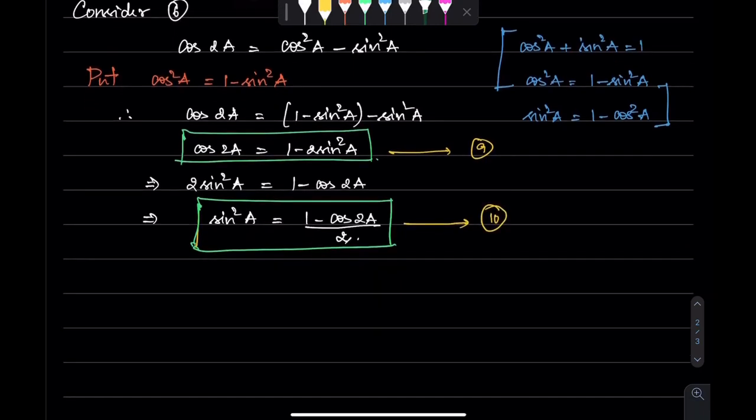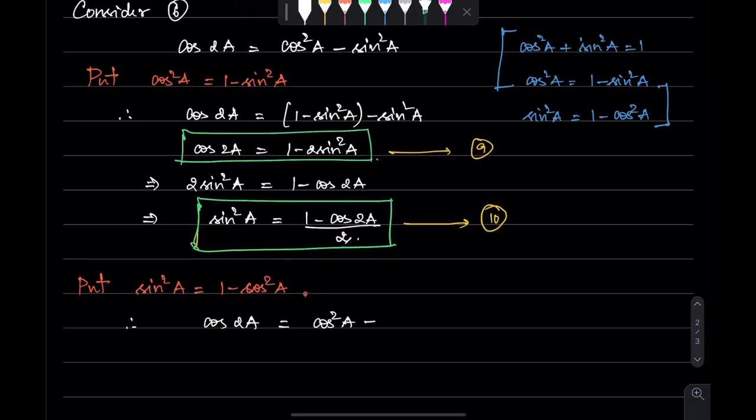Now if I put the same expression, if I put sine square a as 1 minus cos square a in cos 2a, so what do I get? See what happens. We get cos 2a becomes cos square a minus (1 minus cos square a).